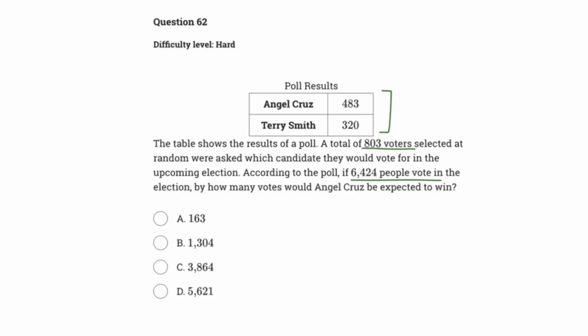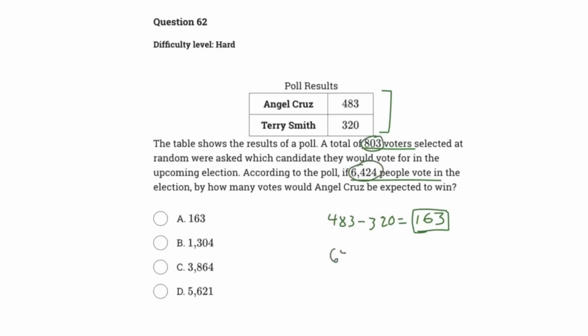Therefore, what we want to do here is find the actual difference that Angel Cruz wins by. So 483 subtracted by 320 gives us a value of 163 votes. So now that we have this number of 163, we can't just use this number because that's only of the 803 voters. We need to scale it up, right? And to find the scale factor, we can just apply the comparison between 803 and 6,424.